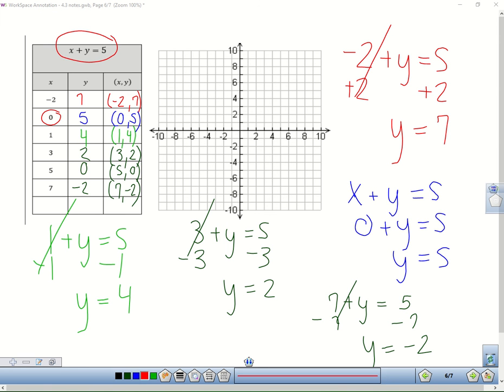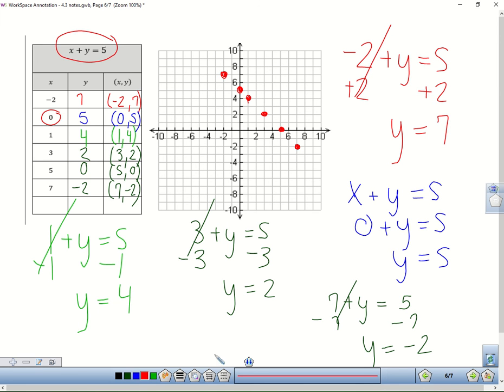And then here, I'm just going to graph each of them on the coordinate plane. Okay? So now I'm going to plot each of these points. So -2, 7 is up here. 0, 5 is here. 1, 4 is here. 3, 2. 5, 0, and 7, -2.